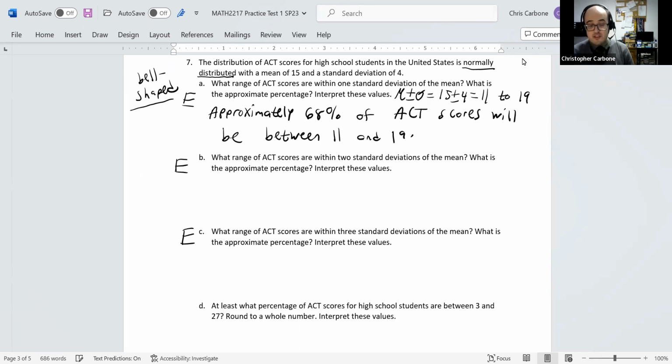Part B wanted the 2 standard deviations. So the mean plus or minus 2 standard deviations. 15 plus or minus 2 times 4, or 8. So for this case, 7 to 23.